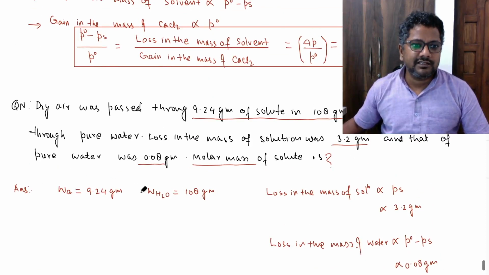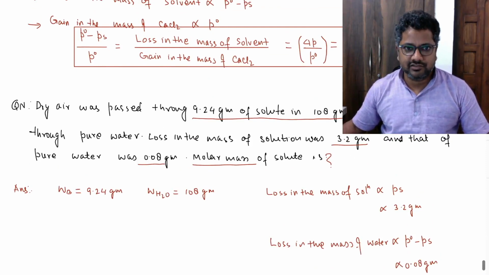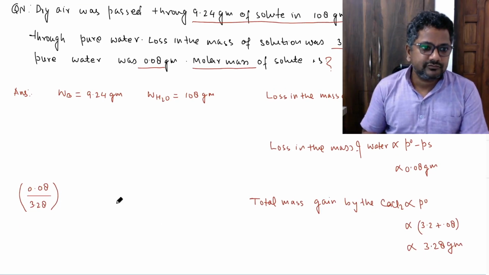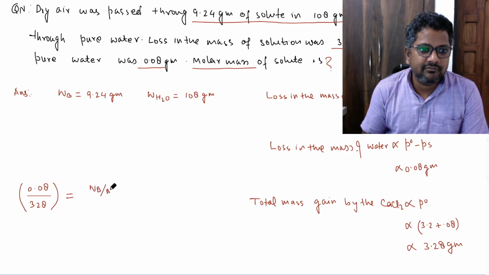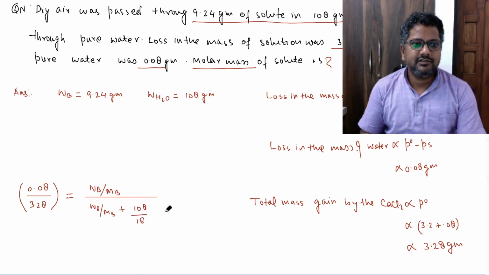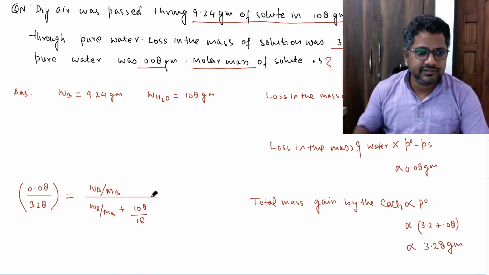You know, when the mass is given, don't take approximations, you can calculate accurately because the mass is given. So what is mole fraction? Mole fraction is equal to WB by MB whole divided by WB by MB plus 108 by 80, right? So now you can solve this.